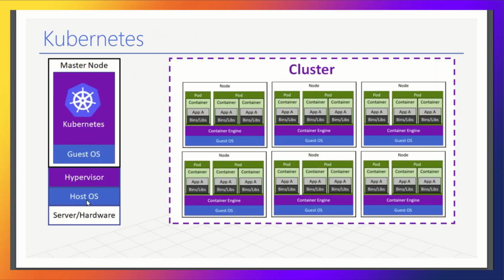We have a master node, and then we have a cluster of worker nodes. You could think of a node as a VM. And inside that node, there are zero or more pods. And a pod can have one or more containers. Most of the time, they have a single container.